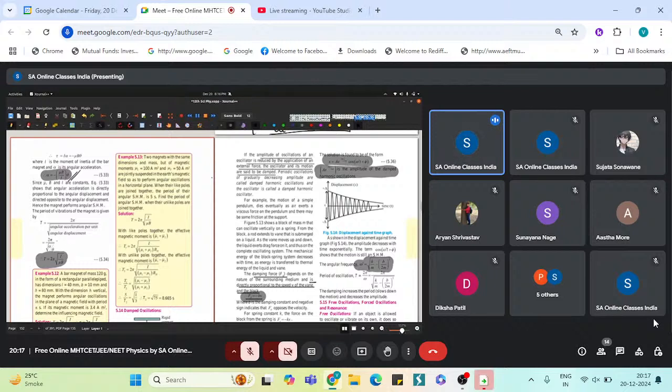But anyway, going by the same thing, angular acceleration divided by angular displacement, so alpha divided by theta, and that is just going to be this mu b upon I term. And that is what we have put, mu b upon I, and then flipped. So T is equal to 2 pi root of I upon mu b.